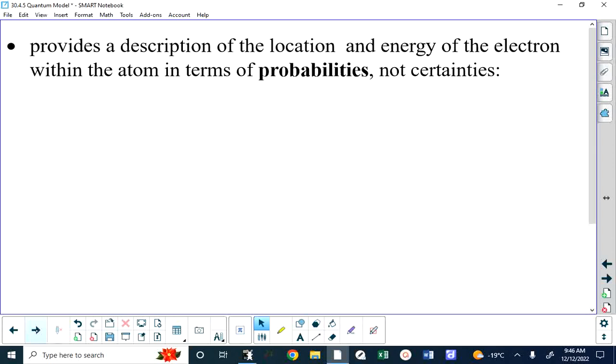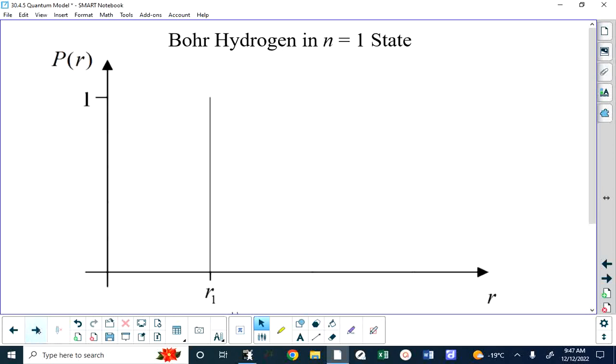So where Bohr will say, using the Bohr model of the atom, when the electron has a certain energy, that electron is at a certain radius or distance from the nucleus, the quantum model of the atom will say, well, it might be there, but it might be somewhere else. It seems kind of, in the words of my mom, wishy-washy. It seems like, well, make up your mind, where is it? And the quantum model of the atom deals with probabilities. There's a high probability of it being in a particular location.